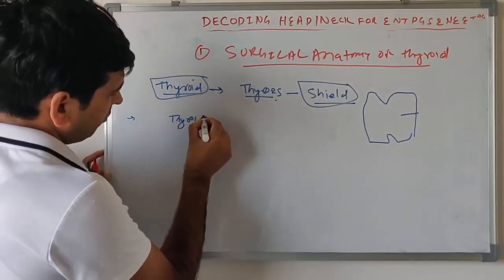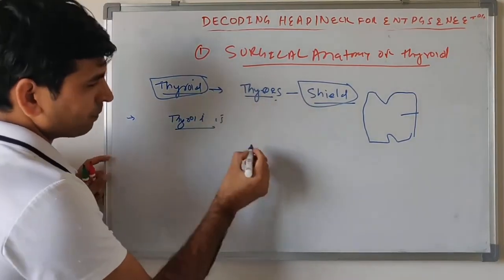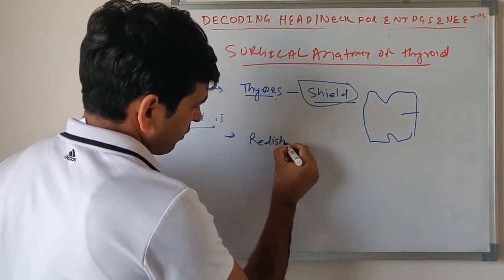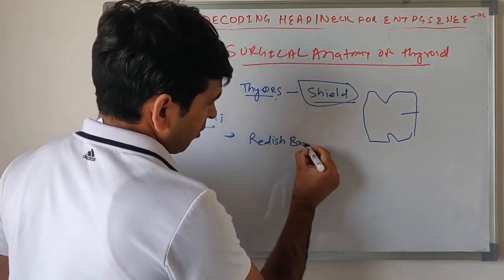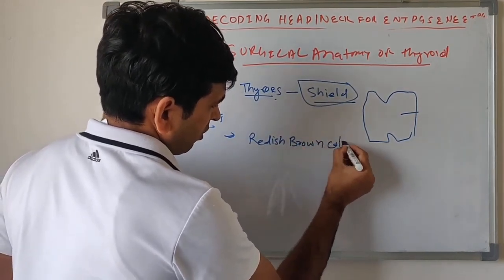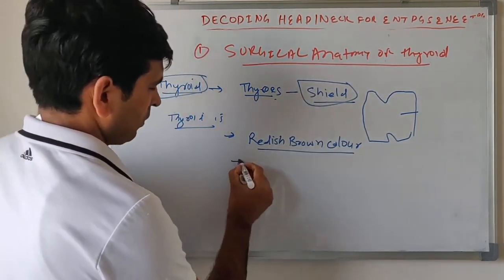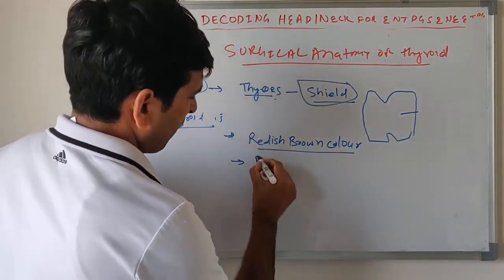Thyroid is reddish brown in color, and butterfly shaped.